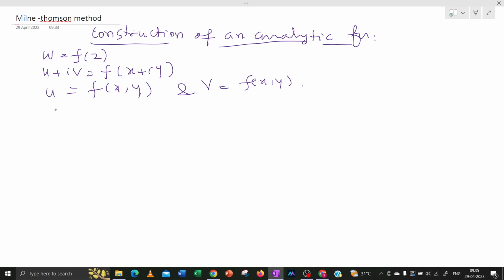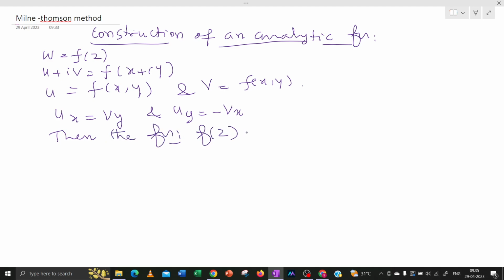Then if it satisfies that ux equal to vy and uy equal to minus vx, then the function f of z is called analytic function.